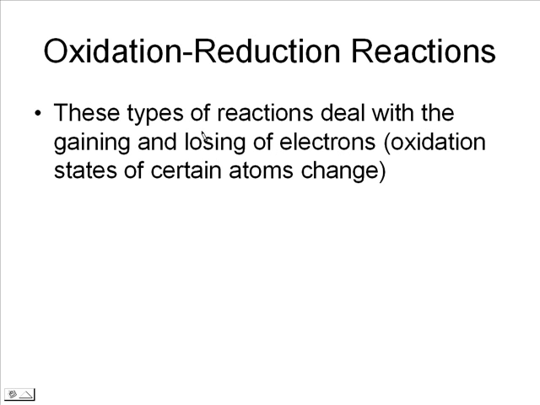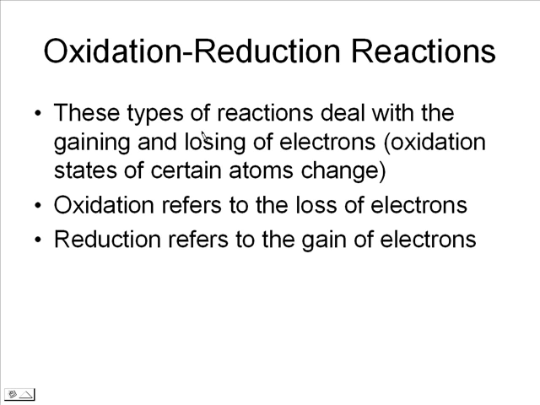So oxidation reduction reactions deal with the gaining and losing of electrons. If you remember back from chapter 4, oxidation deals with the loss of electrons. Remember the whole OIL RIG. Oxidation is losing electrons, and reduction is gaining. So when something loses electrons, it's being oxidized.